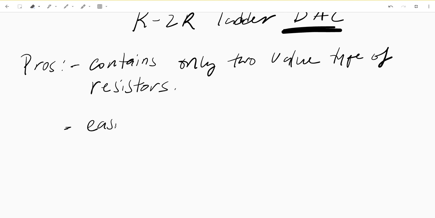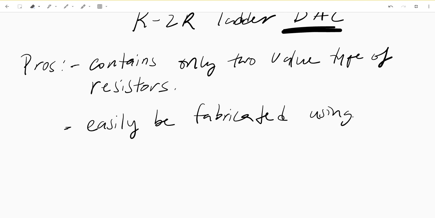It can easily be fabricated using a CMOS process.